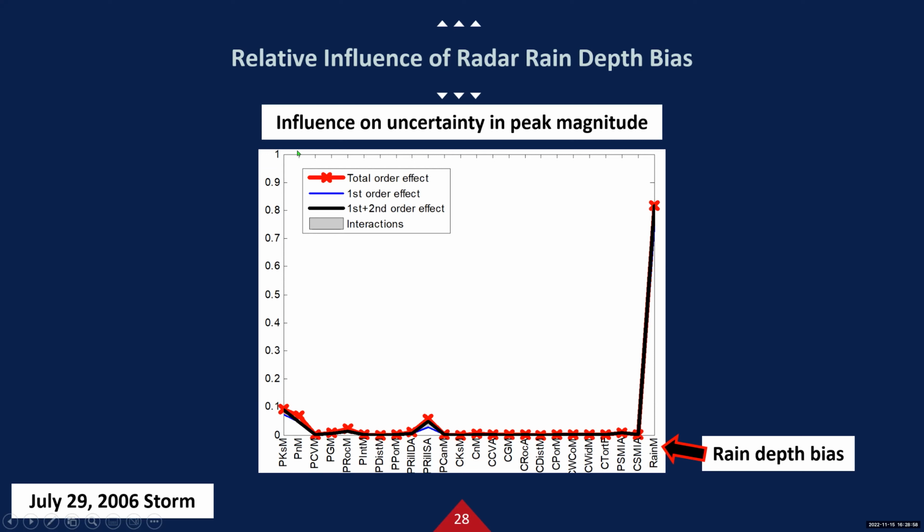Basically this looks at the influence of uncertainty in the estimates of peak magnitude. The red ones are a first order effect, the blue are the total effect, and the black are first and second order. And so again, if you don't get the rain right, you're going to have all sorts of uncertainty.